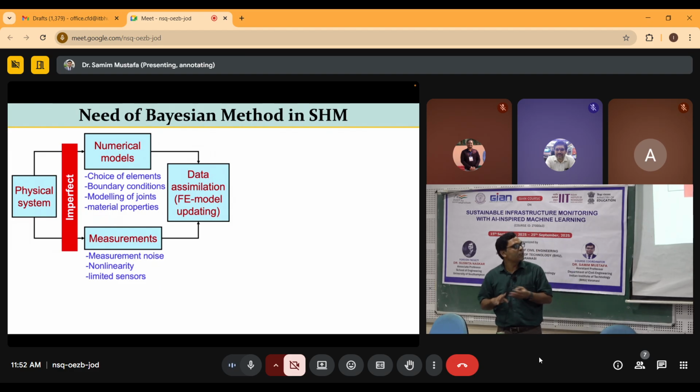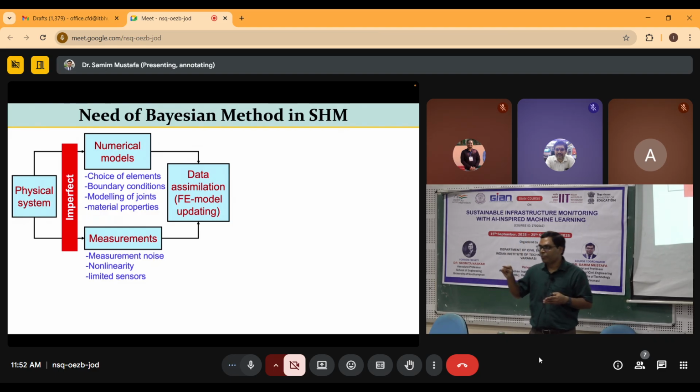So that process is called finite element model updating or data assimilation. You have to rely on the existing structure, whatever response you are getting, that is the final thing, because you cannot change the structure once it is constructed. So based on the response, you have to update your numerical model, is it not?